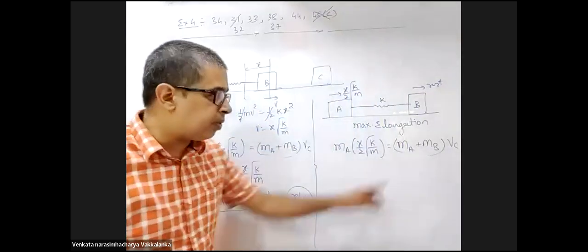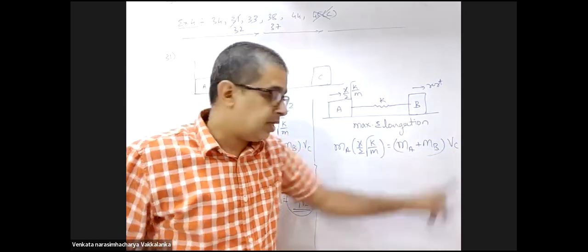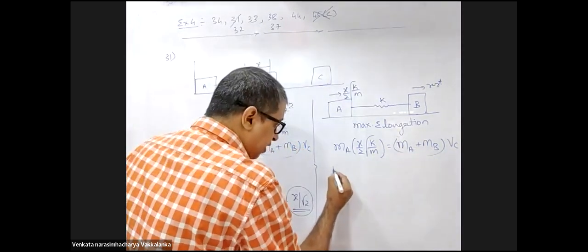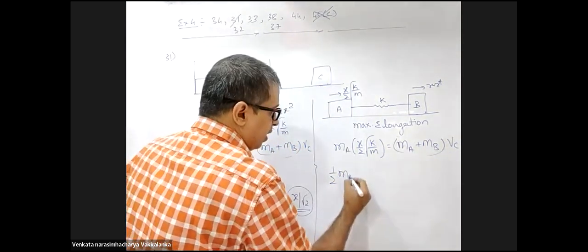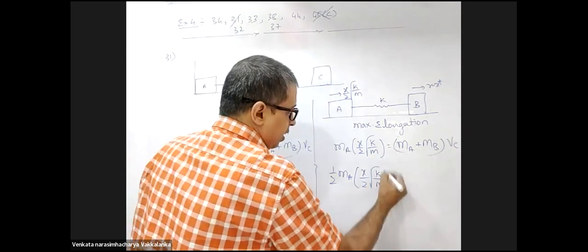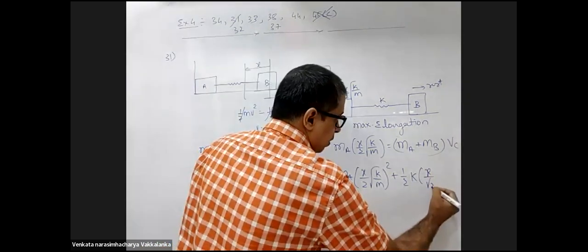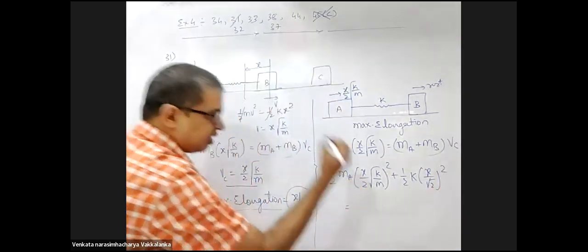Again, maximum compression will happen when both are moving with the same velocity. But then the conservation of energy equation will be half ma into (x by root 2 times root of k by m) whole square plus half k (x by root 2) whole square. This is the initial energy.